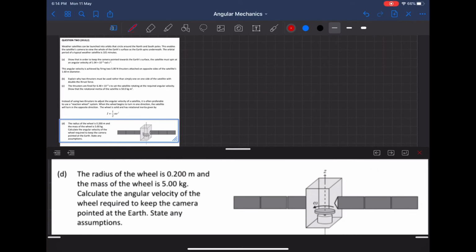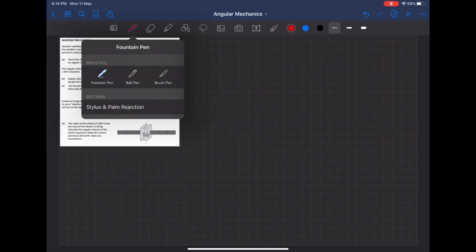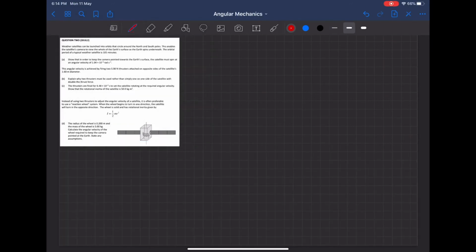State any assumptions. Okay, so we're going to use the equation provided. Our rotational inertia equals 1 over 2 mr squared.